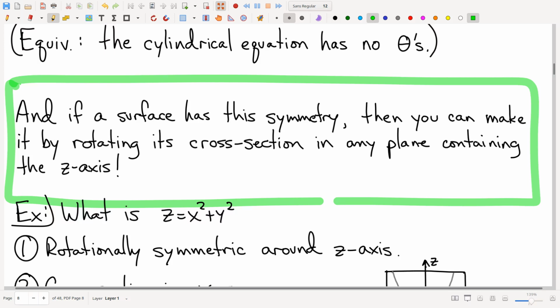Any cross-section tells the whole story because it's rotationally symmetric. That means you could take any vertical cross-section containing the z-axis, and if you just look at that cross-section and rotate it around the z-axis, you will generate the surface that you're trying to understand. And here's how that can pay off big time.